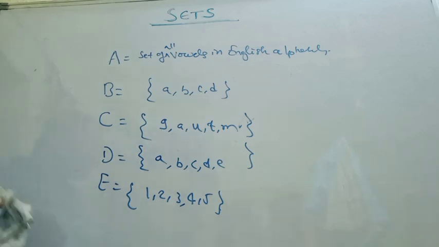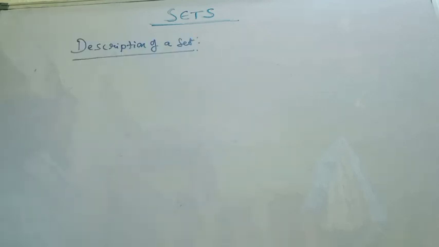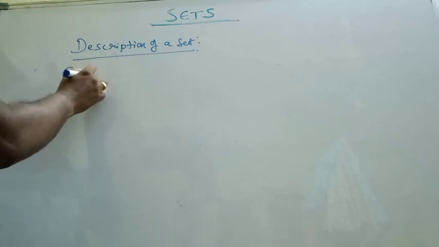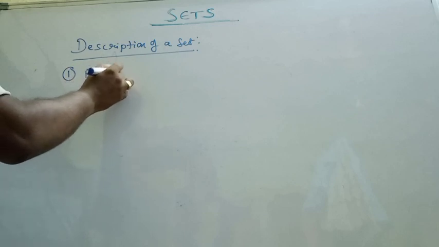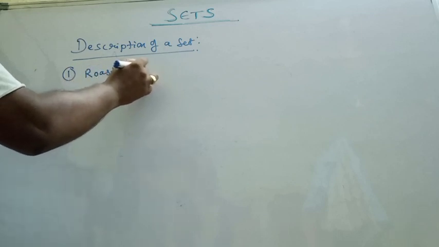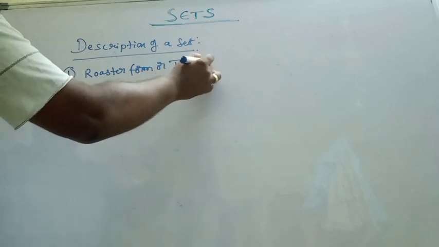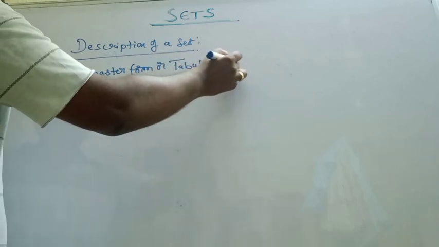Now there are two ways of representing a set that we will now discuss. The description of a set, my dear students: there are two standard ways of describing a set. One is roster form, or tabular form.